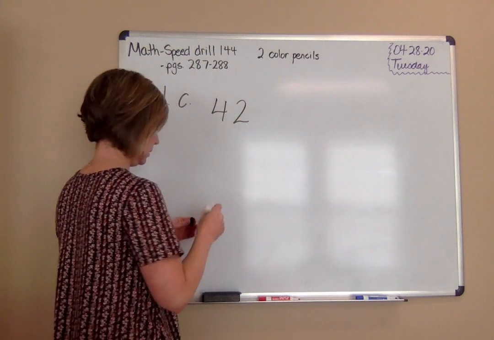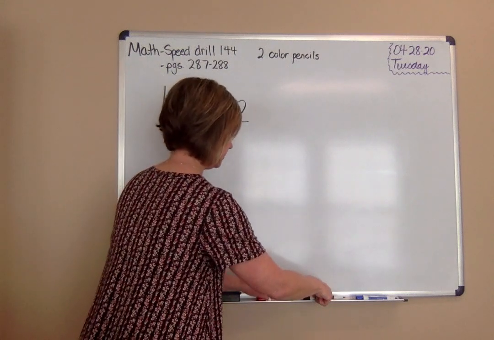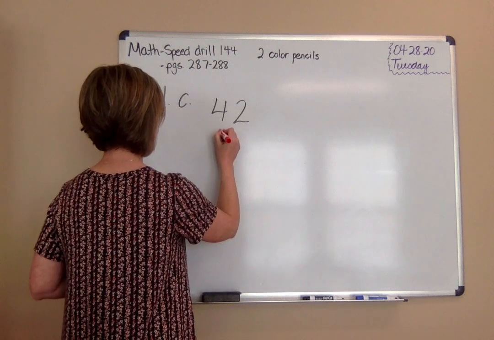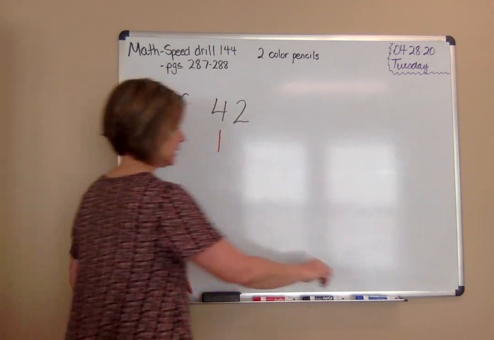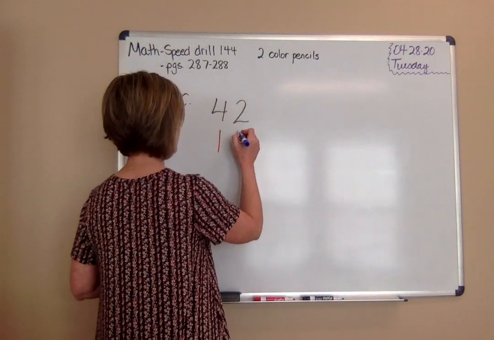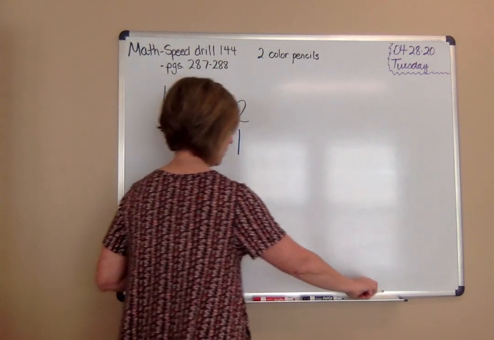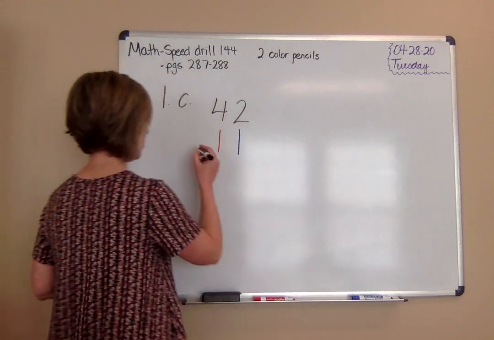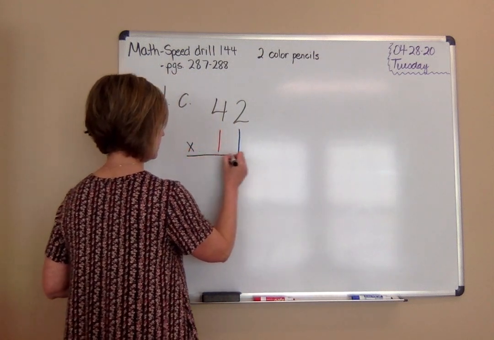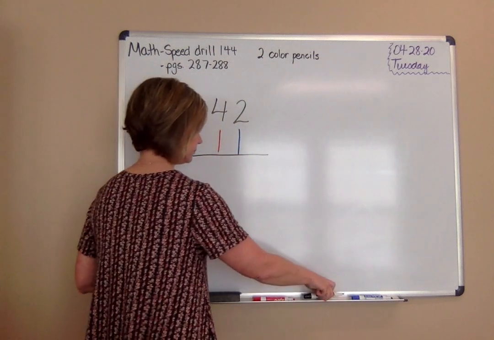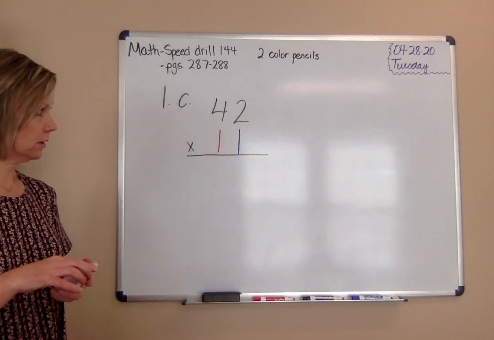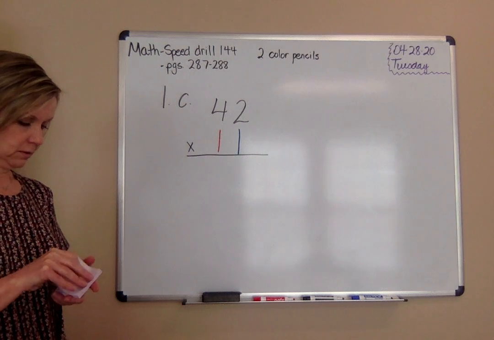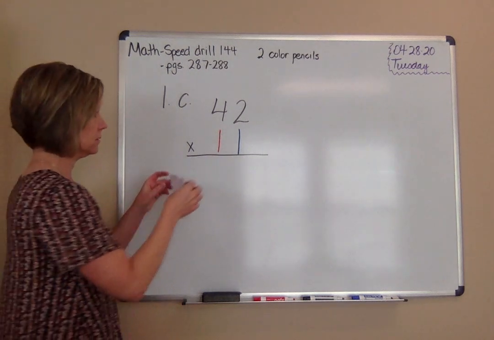42 times what? 11. My 1 is in the tens place, and my 1 is in the ones place. There we go. Then we're going to multiply. I'm simply going to cover my red 1.